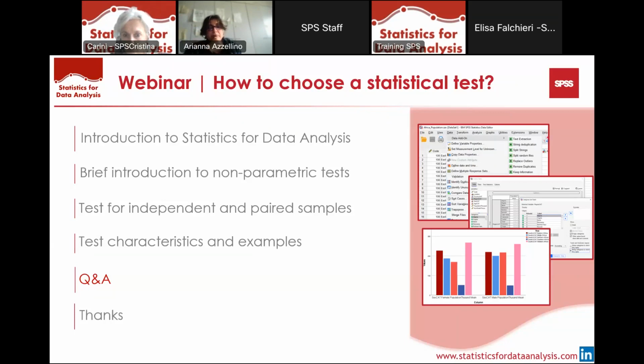For the non-parametric procedure, we don't have such an assumption. The main question these procedures are able to answer is whether the two central tendency statistics, which are sort of two medians, mean rank and medians, are similar to each other or not.